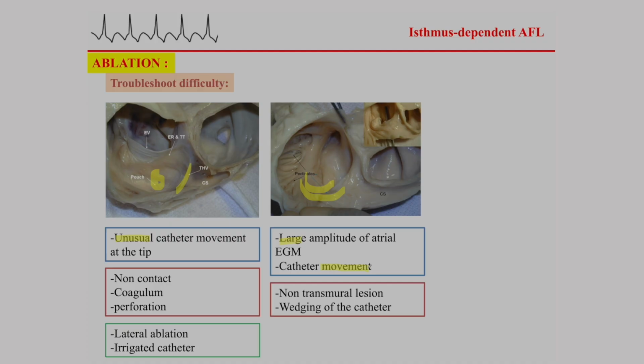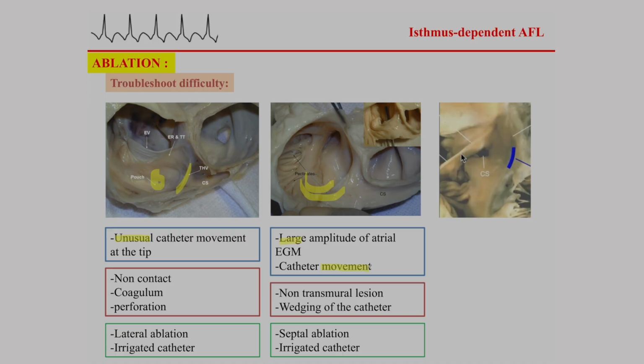So the problem is difficulty to have a transmural lesion, so we will have a recurrence of atrial flutter and also a wedging of the catheter between pectinate muscles. The solution is the irrigated catheter. Irrigated catheter is the most used solution that can solve the problem very frequently, but if it doesn't work, we can go to more septal ablation.